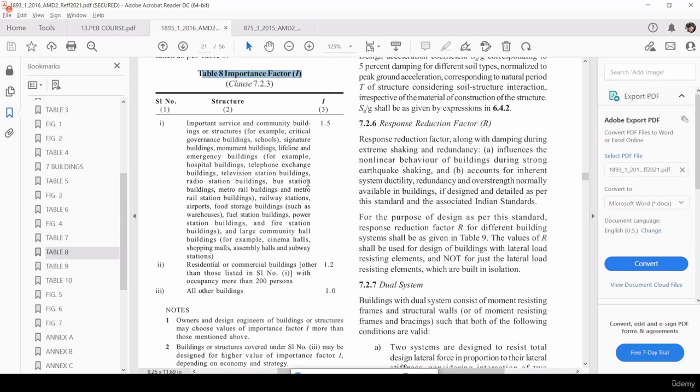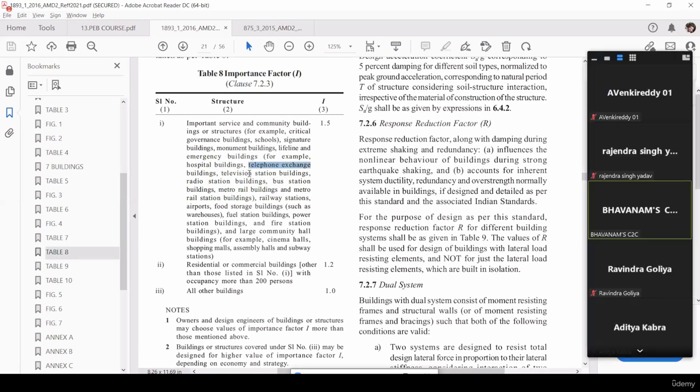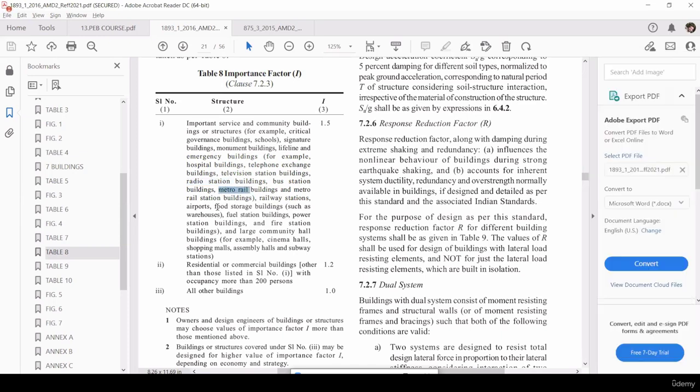Important service and community buildings, for example hospitals, telephone exchanges, television stations, are for emergency. Suppose if any flood comes here, there should be some hospital, there should be communication between people through telephones, and one transmission system like television, radio stations, and rails and roads, etc.